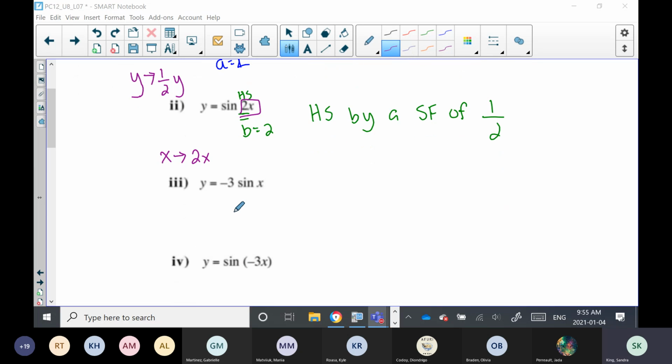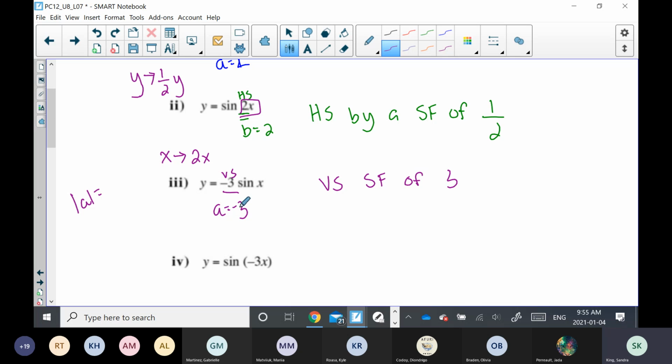Okay, this one here, my a value, is -3. That's a vertical stretch. So two things are happening because it's negative. First, a vertical stretch by a factor of 3. Remember, we always use the absolute value of a, so it's always the positive. So it's a vertical stretch by a stretch factor of 3.